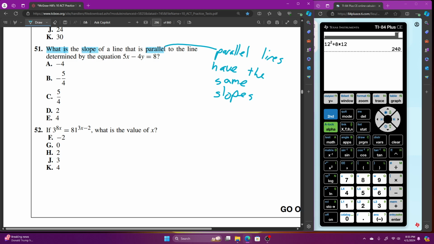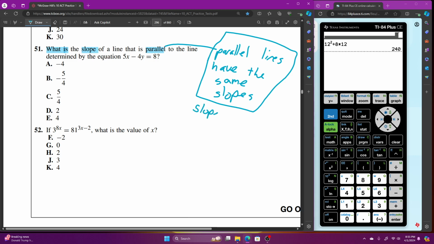This linear equation is written in standard form, ax plus by equals c, and we need to rewrite it into slope intercept form so that we can see what the slope is. So you'll have to have that memorized.